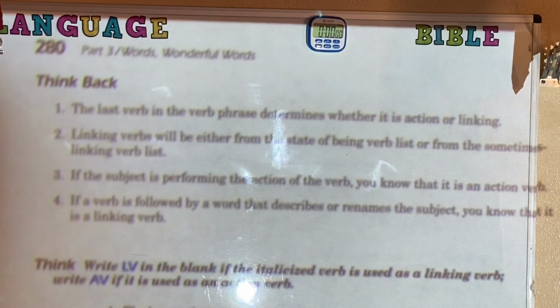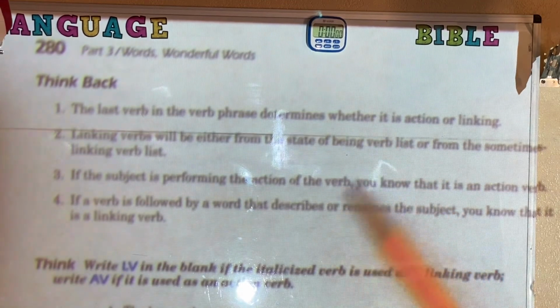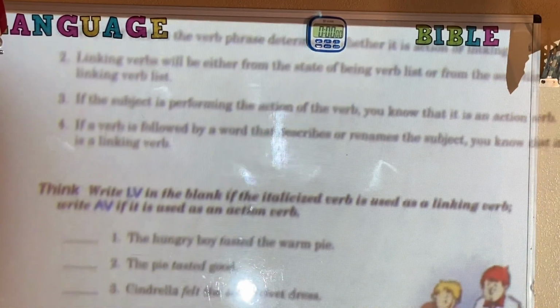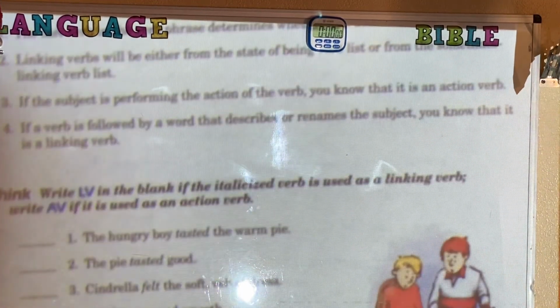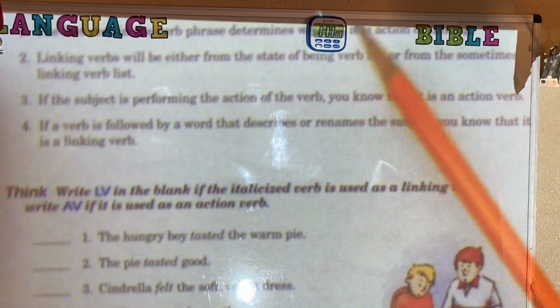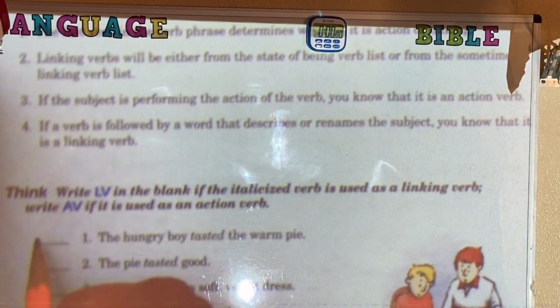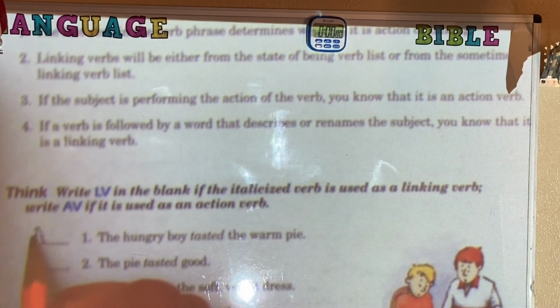So is that a linking verb or an action verb? Remember, think back. If you need to, reread those again to make sure that you are understanding the difference between a linking verb and an action verb. So reread those. The hungry boy tasted the warm pie. Tasted is going to be an action verb.